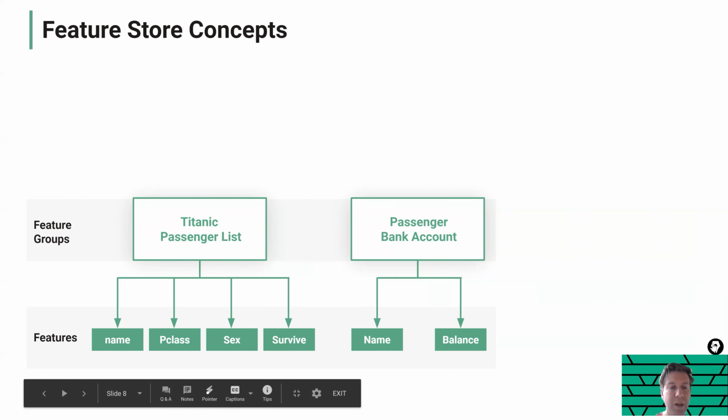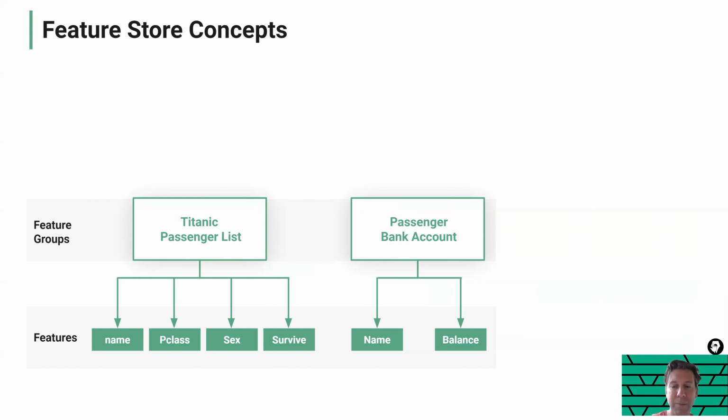Okay, so in the case of the Titanic passenger list, what we want to do is predict if a passenger has survived or not. And we can imagine that this particular group of features were uploaded together because it was a single data set.